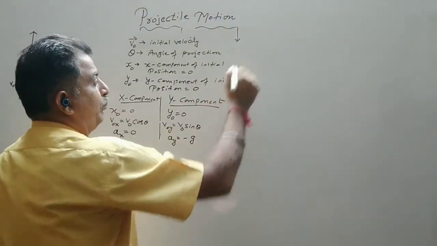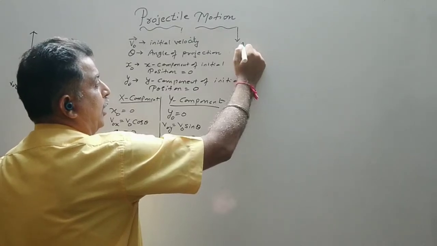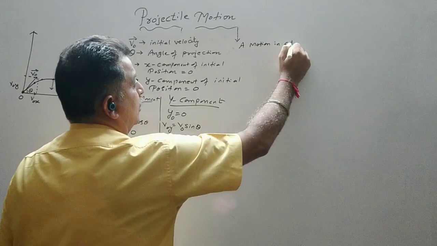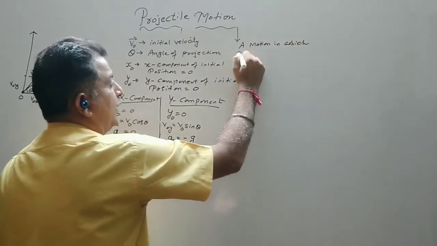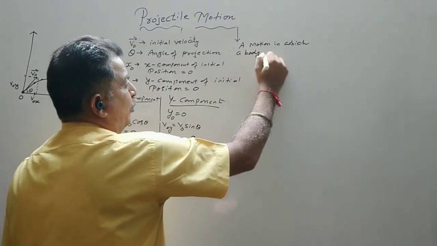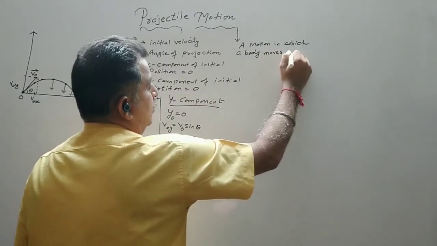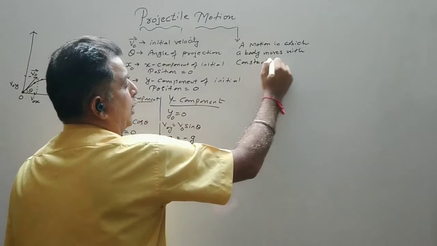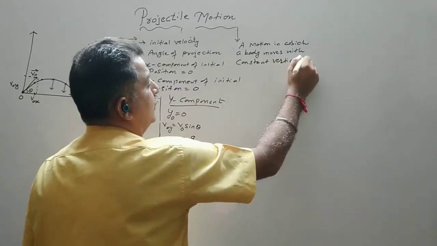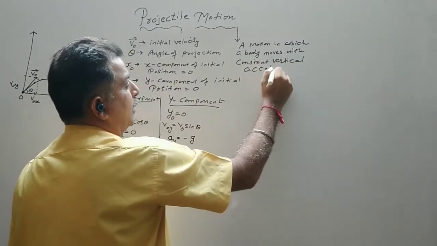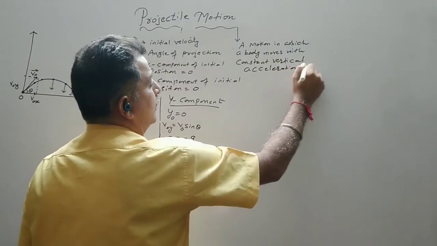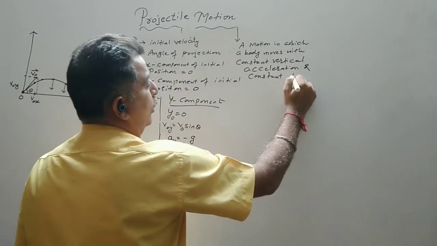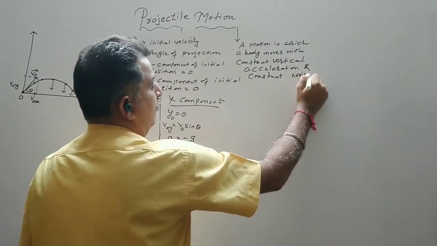So we defined a projectile motion, a motion in which a body moves with constant vertical acceleration and constant horizontal velocity.